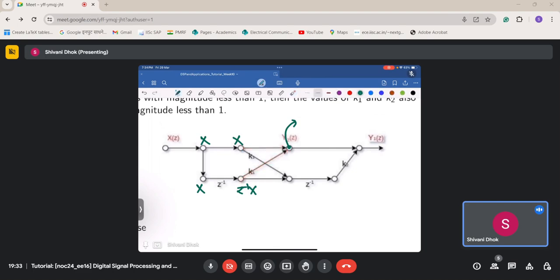So here we have x plus x into k1 into z inverse. Then similarly at this particular location we have k1 into x plus z inverse x. So we have k1x plus z inverse x here.